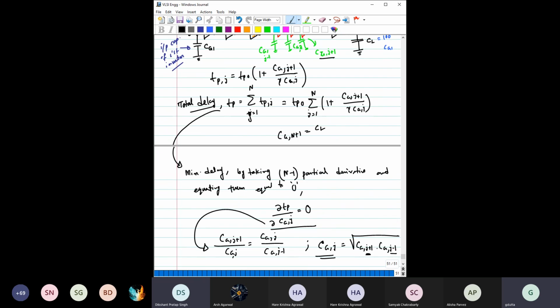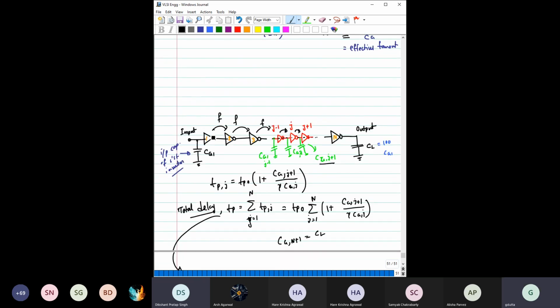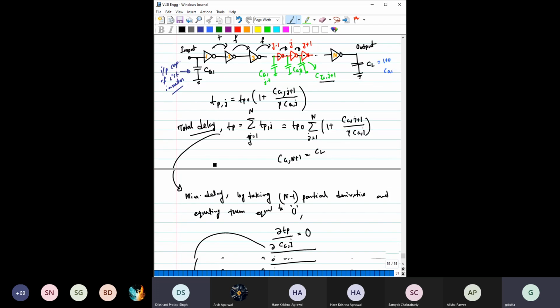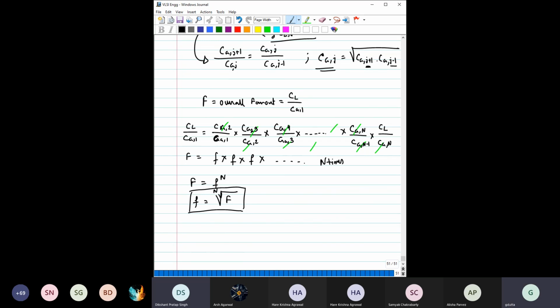F is that individual scaling, from this inverter to the next inverter, from this to this, and so on. And for all this, if you multiply, that should be equal to the capital F, which is the overall fan out, which is CL, the external capacitance, by this capacitance. So if you know that, you know now the value of F for scaling factor, if you know the value of N.